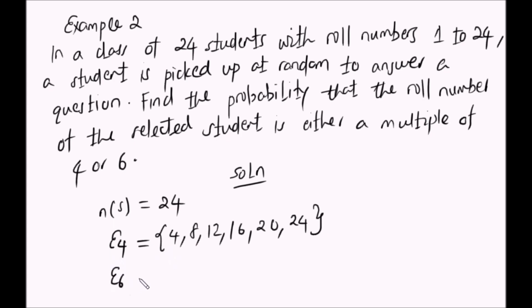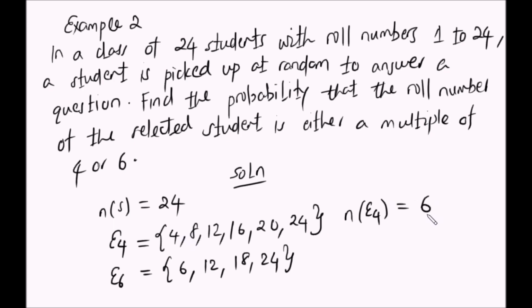And then kuna wale wenye roll number ambazo ni multiple of 6. Ni kina nani hao? Ni yule mwenye roll number ya 6, ya 12, ya 18 na ya 24. So the number of elements kwenye hii event ya kwanza ni 1, 2, 3, 4, 5, 6. Ni 6.